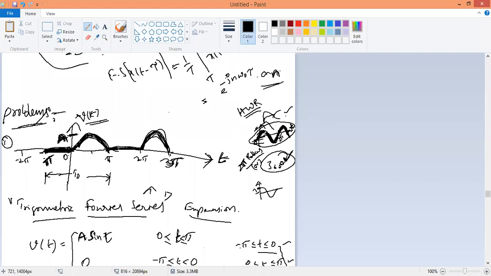The duration of one complete cycle is 2 pi radians or 360 degrees. Here, either 0 to 2 pi or minus pi to pi. Take minus pi to pi: minus pi to 0 is one cycle, 0 to pi is one more half cycle. So the complete cycle has minus pi to pi, or 0 to 2 pi, or pi to 3 pi radians.